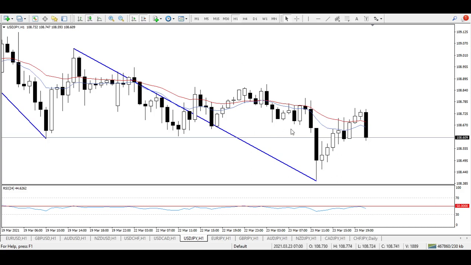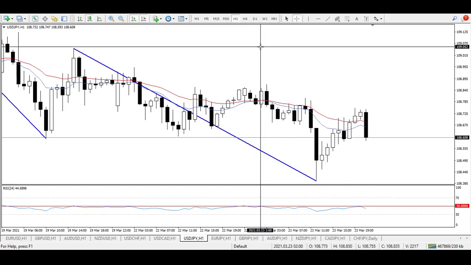All the criteria on 1 hour time frame were already met by the market, and we are still in the downtrend because the moving average crossover took place here, and still the blue line is below the red line. RSI is still below 50, so it is already in the downtrend, and you already know the regular bearish divergence. So there are so many technical factors which are supporting our sell position idea.